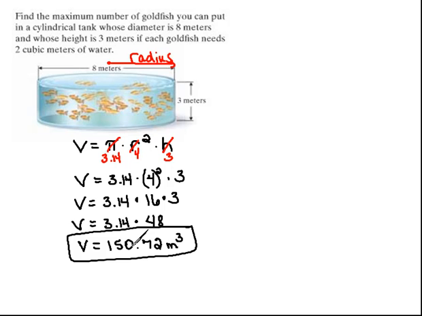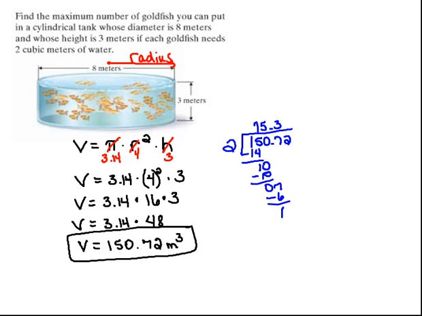So if we have 150.72 cubic meters and each fish requires 2 cubic meters, we need to do some division to figure out how many of those fish can go into that tank. So when we do our division, let's see, 2 goes into 15 7 times, and continue doing your division. Now right now we're getting 75.3 fish.